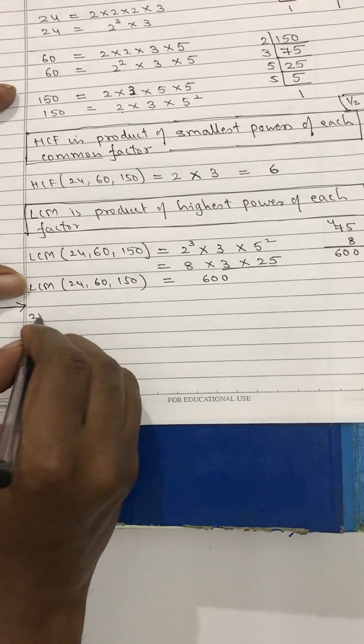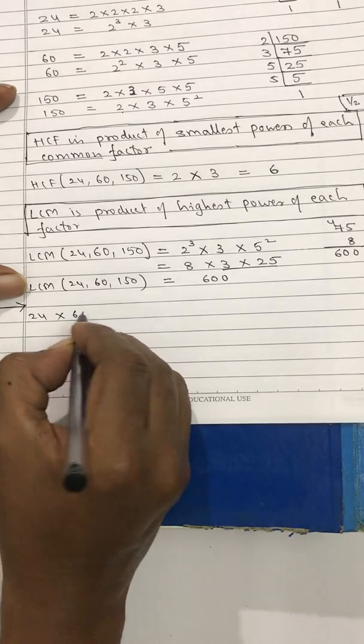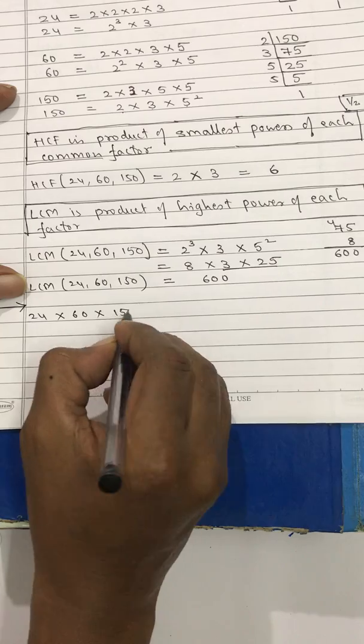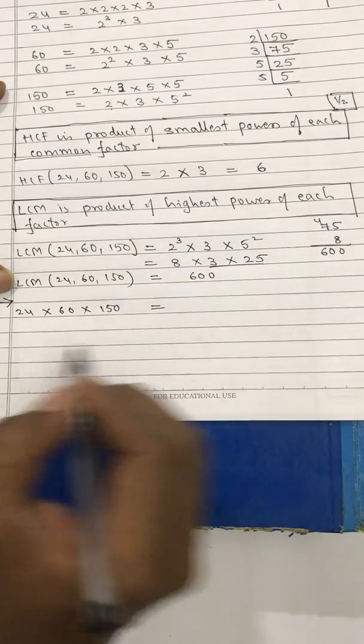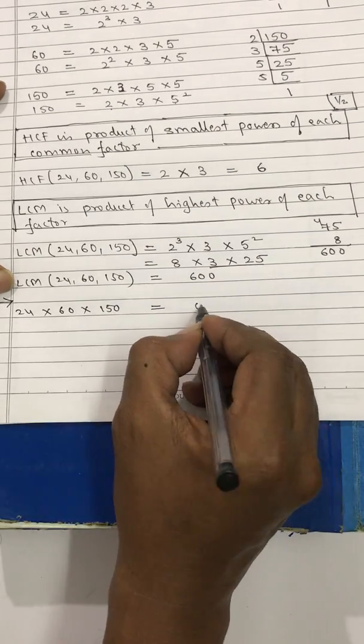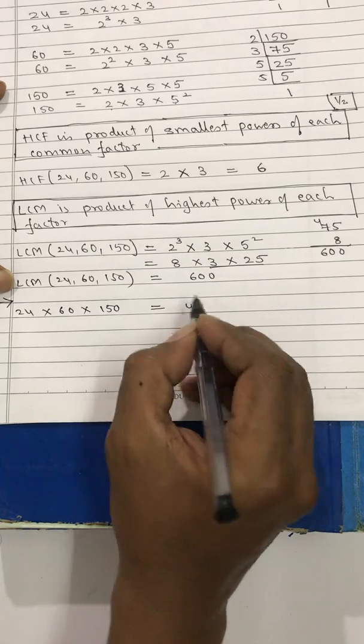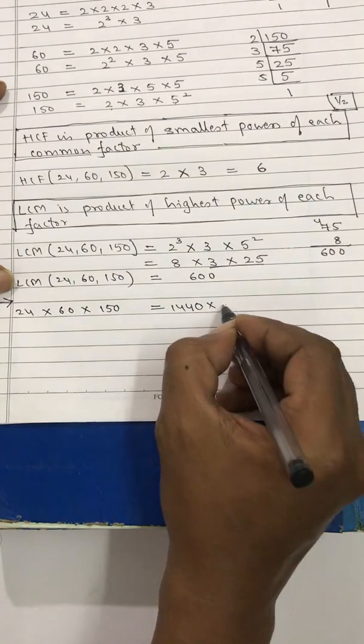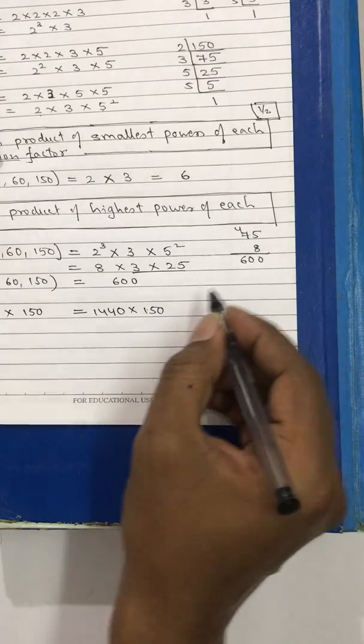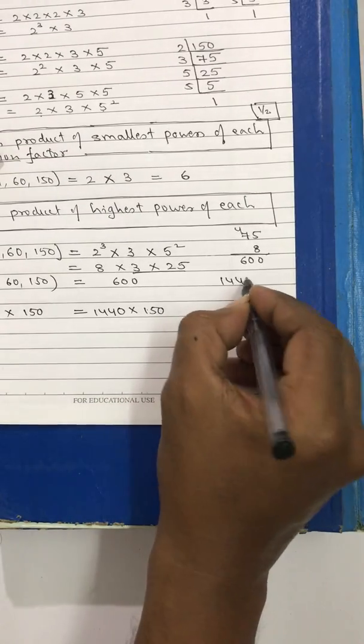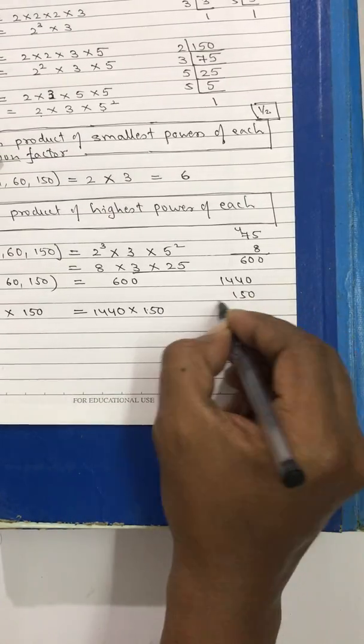Here if I multiply 24 into 60 into 150, what I get is 24 into 60, which is 1440, into 150. So I will have to multiply 1440 into 150.